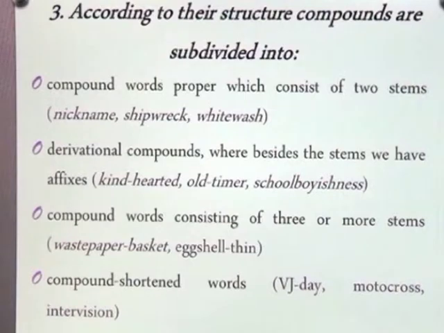Compound words consisting of three or more stems, for example, waste paper basket, eggshell thin. Here you can see there are three stems. Compound shortened words, which are day, motocross, intervision.